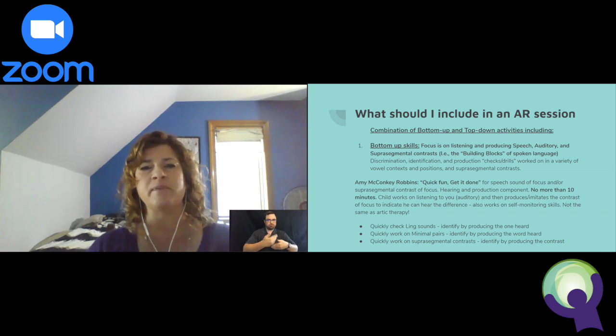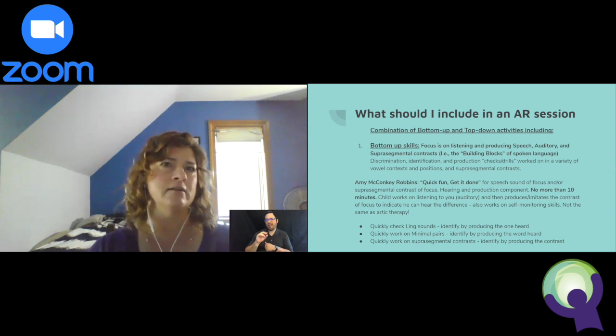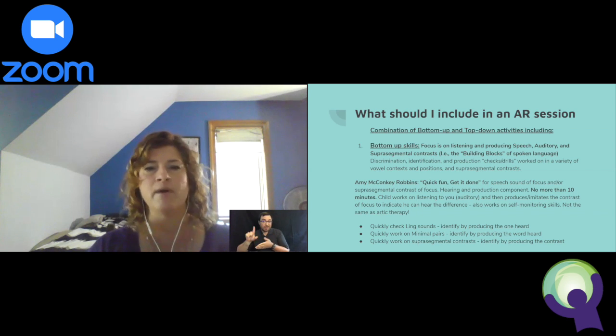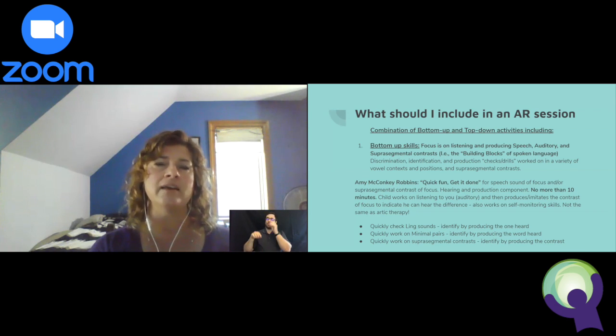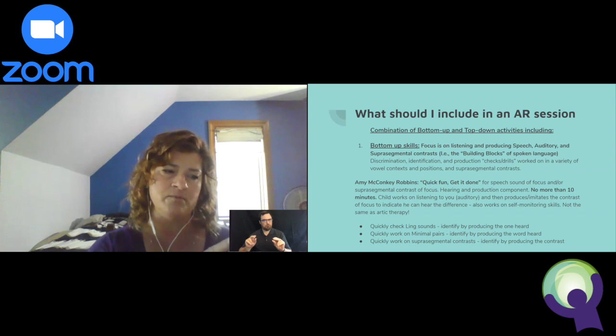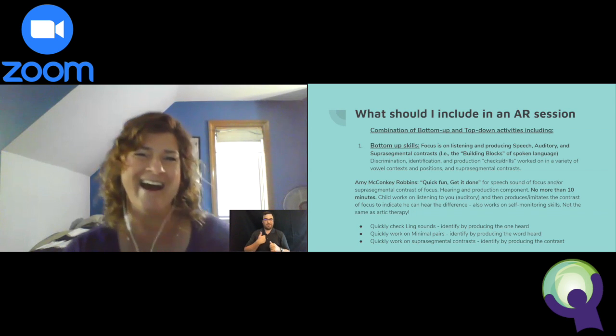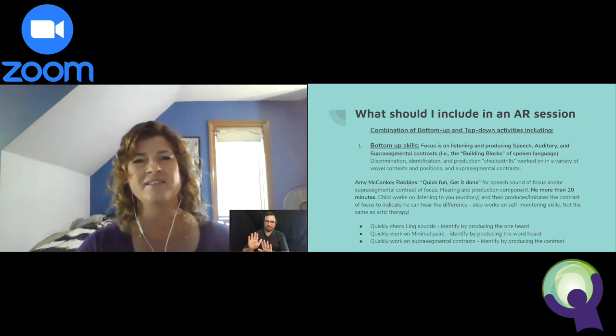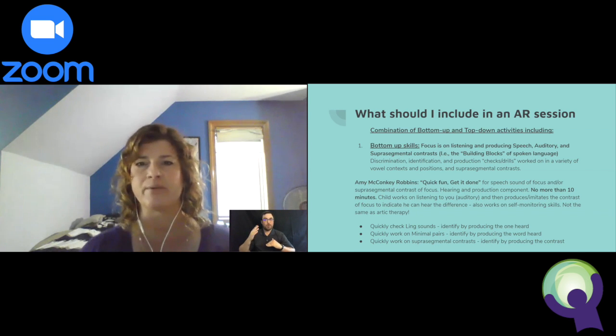So these might be things like checking Ling sounds. It might be working on some minimal pairs and some suprasegmental contrasts, in a drill kind of format. There's nothing wrong with doing that. I like to do a limited amount of the bottom-up skills because it's not putting it into a language context, but that doesn't mean it's not important.